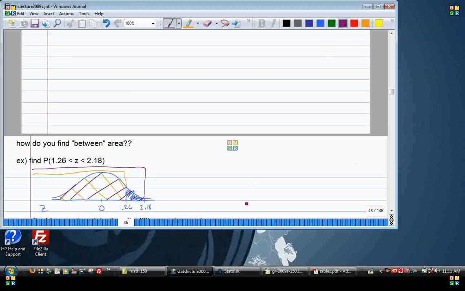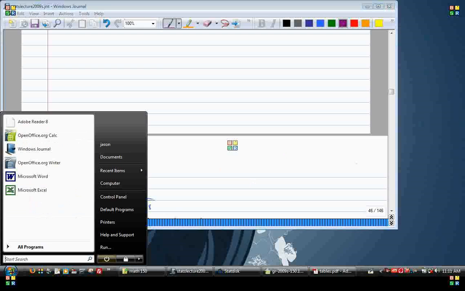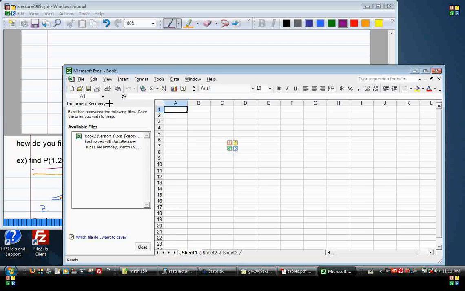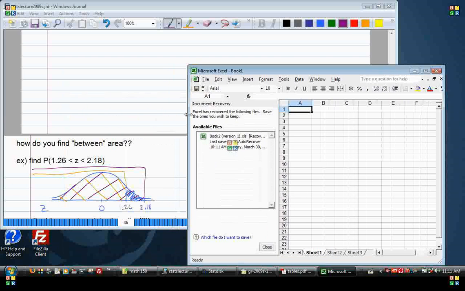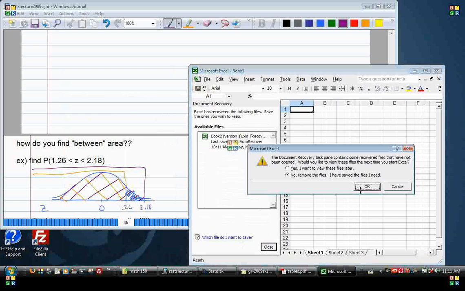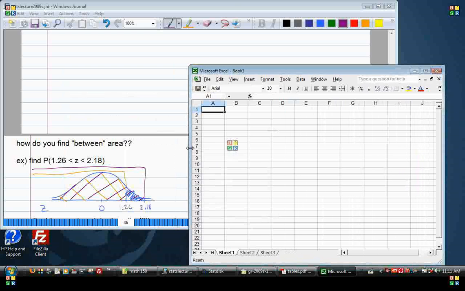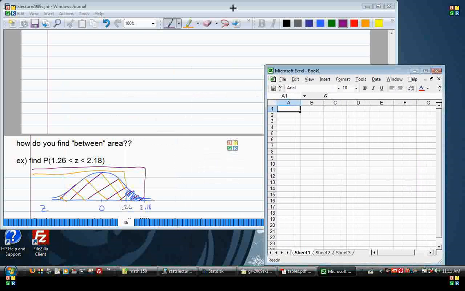So how do we find the area to the left of 2.18? So this is what we talked about last time. The Excel command NORM.S.DIST gives us the area or probability to the left of a z-score. So equals NORM.S.DIST of 2.18.